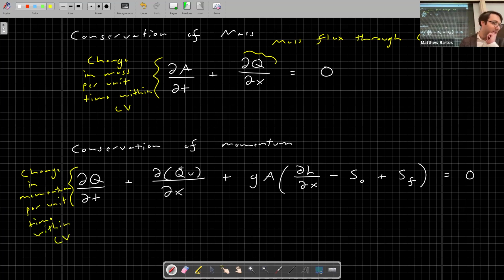This d(qu) by dx represents the momentum flux through our control volume. And then we have these three terms which represent the different relevant forces acting on our control volume. So what does dh by dx represent? Which force?